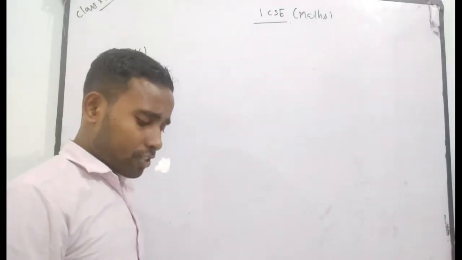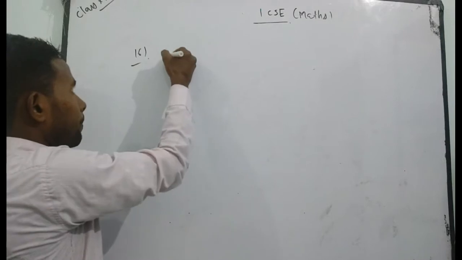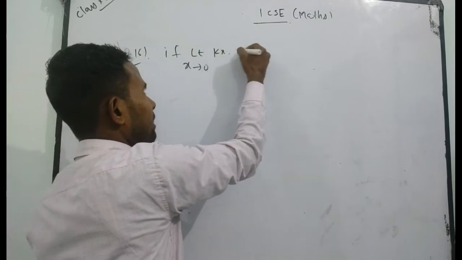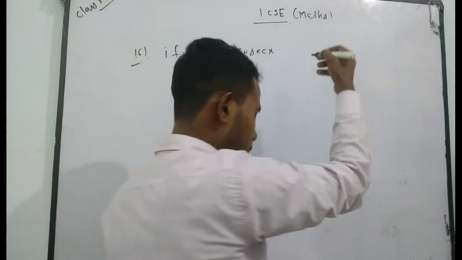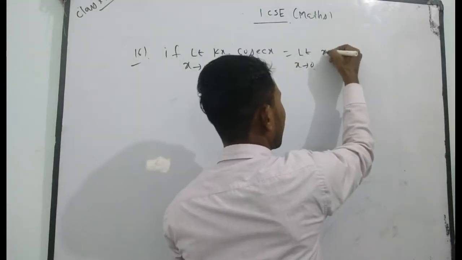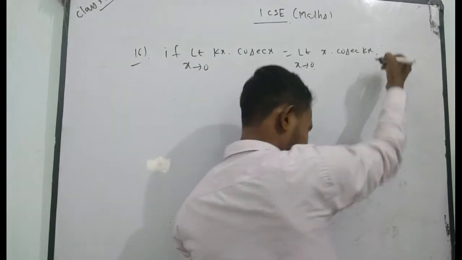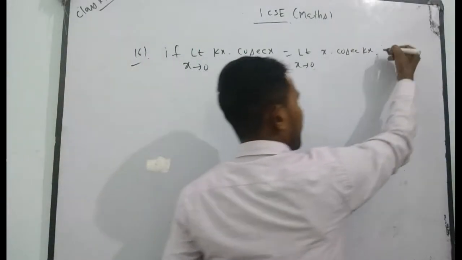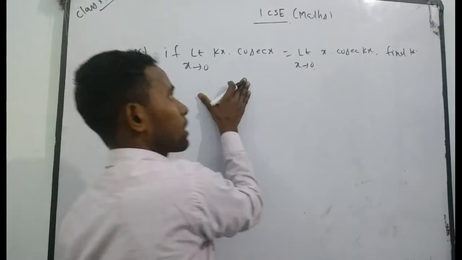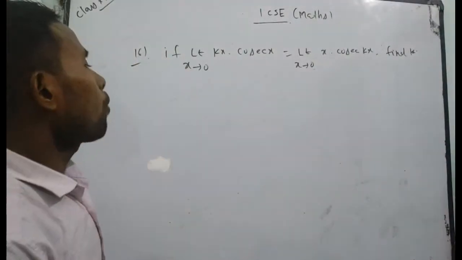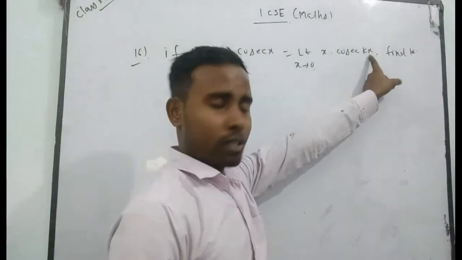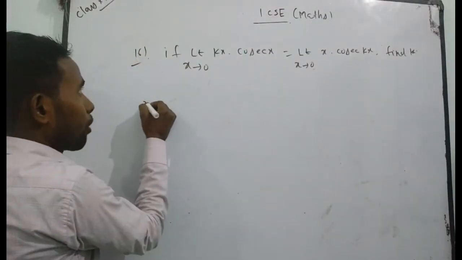If limit x tends to 0 of kx into cosec x is equal to limit x tends to 0 of x into cosec kx, find k. Now you have to find the value of k for which this expression will be the same as this expression. In this problem it is kx into cosec x, while this expression is x times cosec kx. Definitely think about this problem. Can you write it?